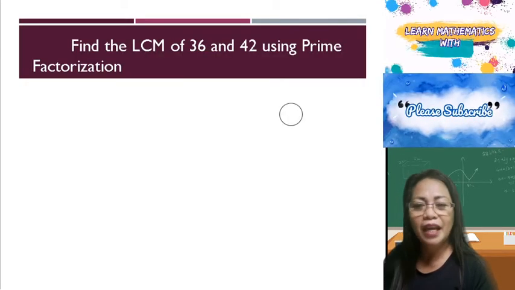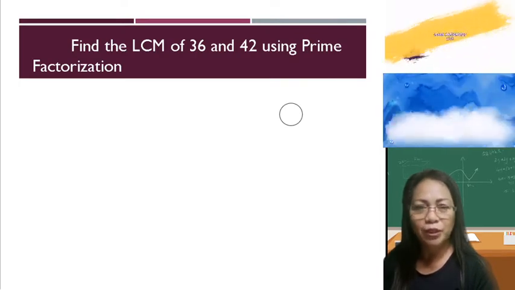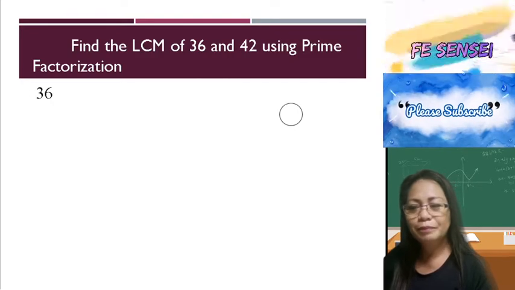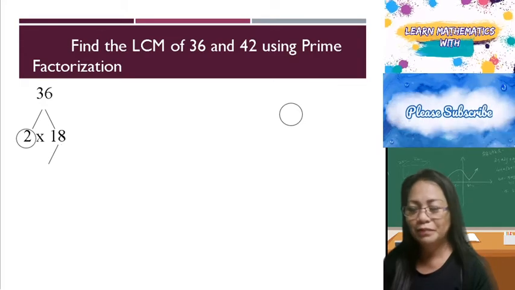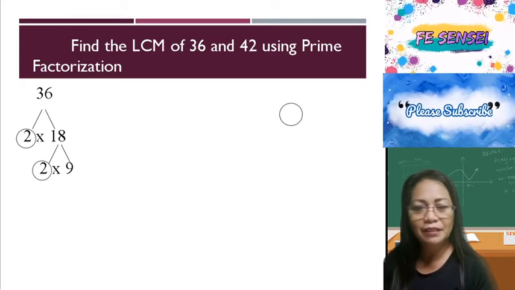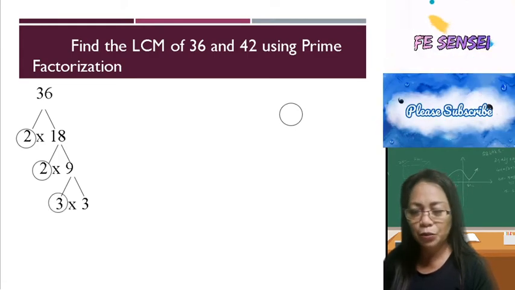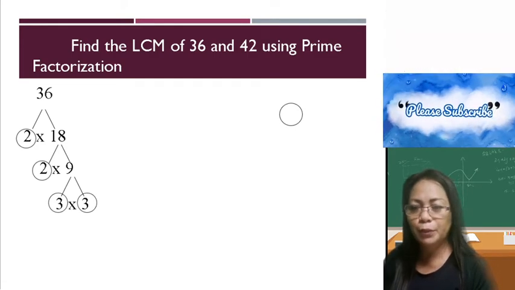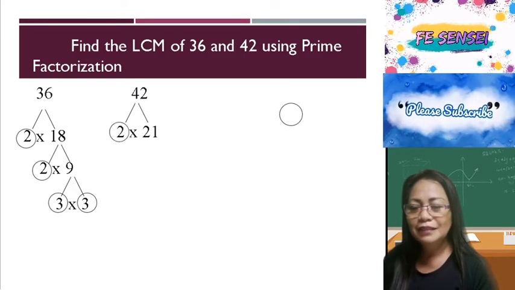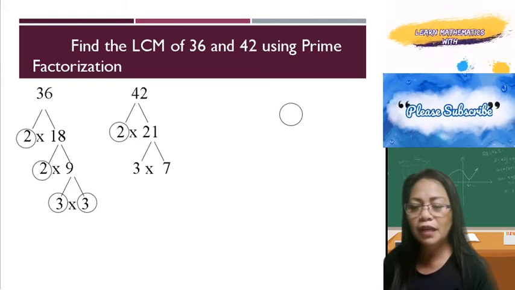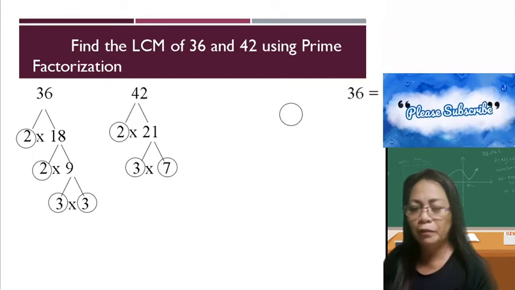Find the LCM of 36 and 42 using prime factorization. 36 is 2 times 18, and 2 is prime. 18 is 2 times 9, again 2 is prime, and 9 is 3 times 3, 3 is a prime number. 42 is 2 times 21, 2 is prime. 21 is 3 times 7. 3 is prime and 7 is prime.